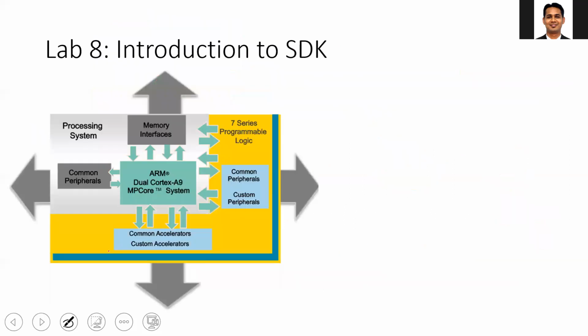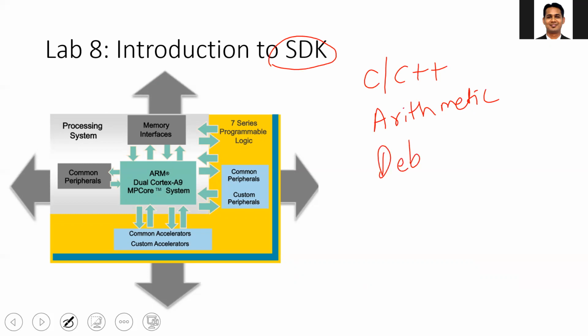In this lab, the main objective is to introduce you to the tool called SDK, and to explain how you can write C++ code, do basic arithmetic operations using the code, and debug the code.